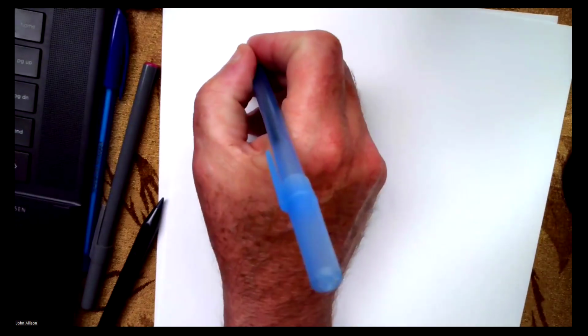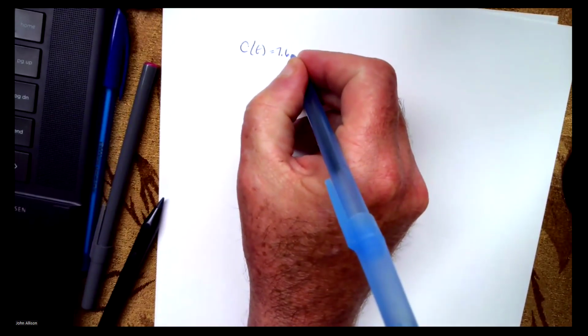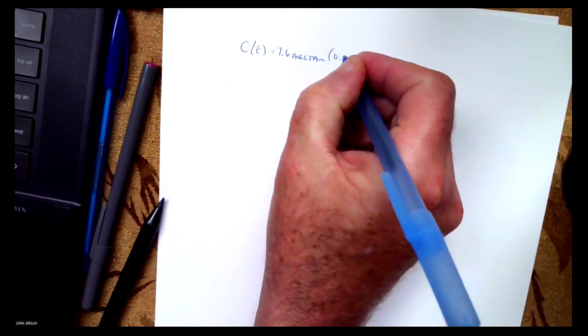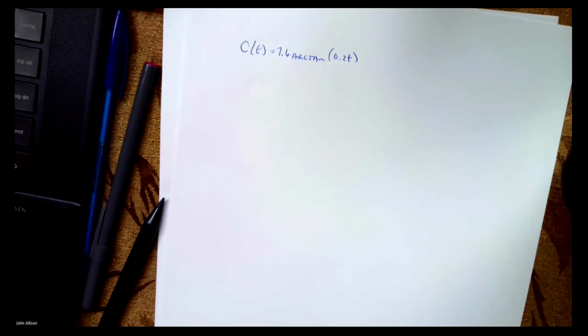So I'm going to look here and say, an invasive species of plant appears in a fruit grove at time t equals 0 and begins to spread. Function c defined by c of t equals 7.6 arctan 0.2t models the number of acres in the fruit grove affected by the species t weeks after the species appears.